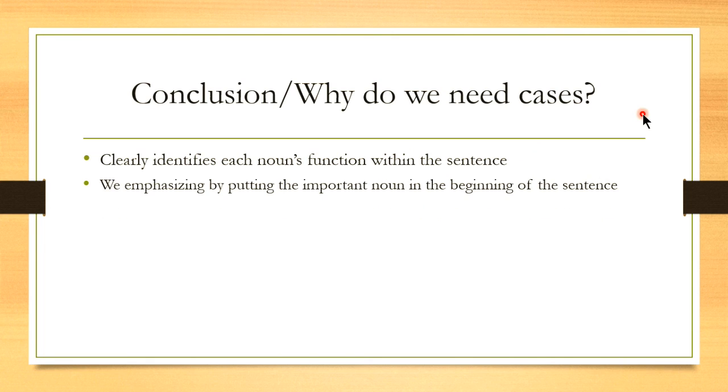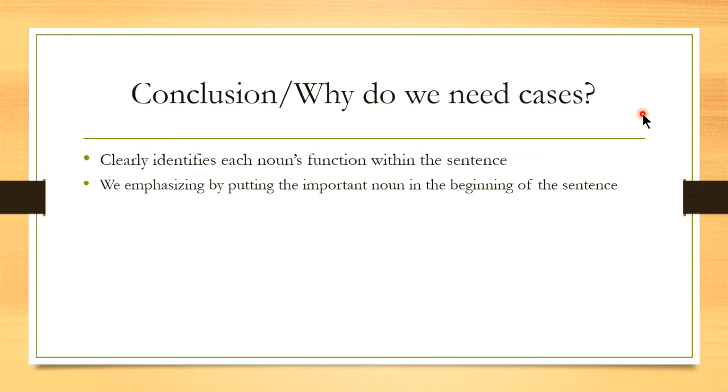Another point is that because of that, we can emphasize by putting the most important part in the front. So if we wanted to emphasize that we were buying the dog, we would actually start with the dog. If we wanted to emphasize for whom we were buying the dog, we would start with the woman in our example.